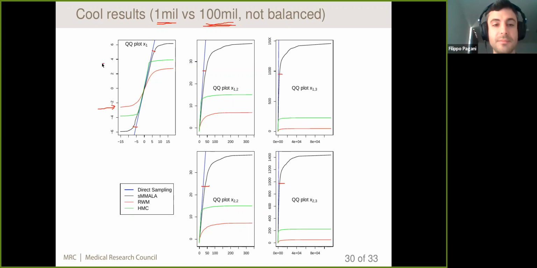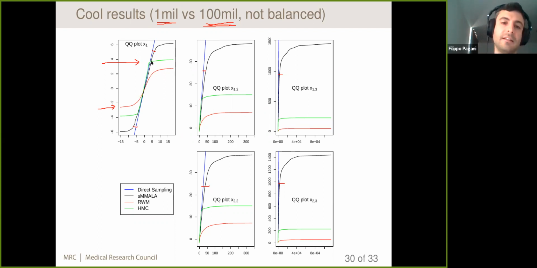Interestingly, tuning HMC by maximizing the effective sample size per second, which sounds sensible in theory, doesn't really work well. And as you can see, even though HMC is 20 times more expensive per iteration than random walk Metropolis, you don't really get that much further.